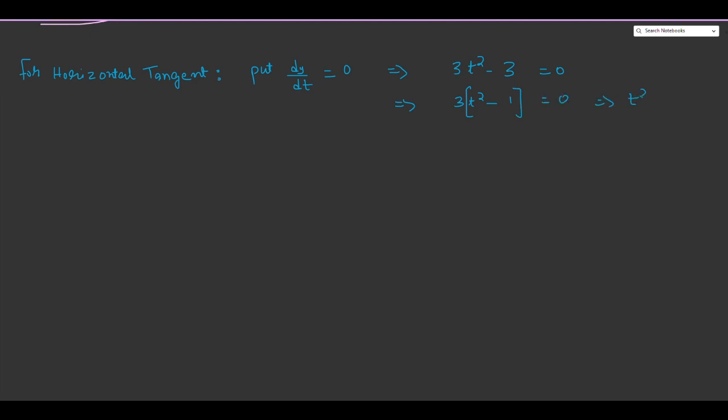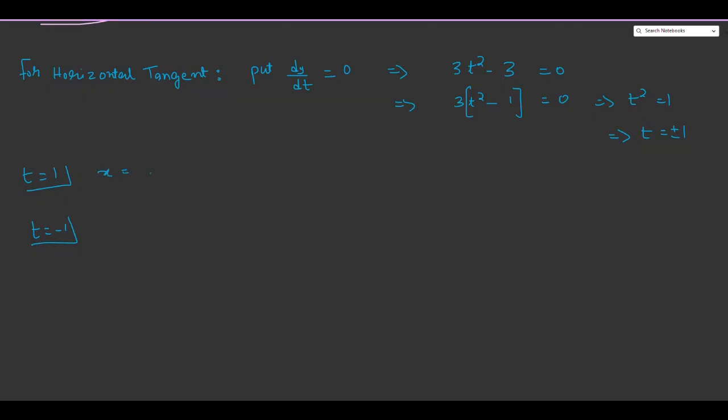It means that t square equals 1, and it means t equals plus minus 1. Now we substitute these values, t equals 1 and t equals minus 1, in the parametric equations.